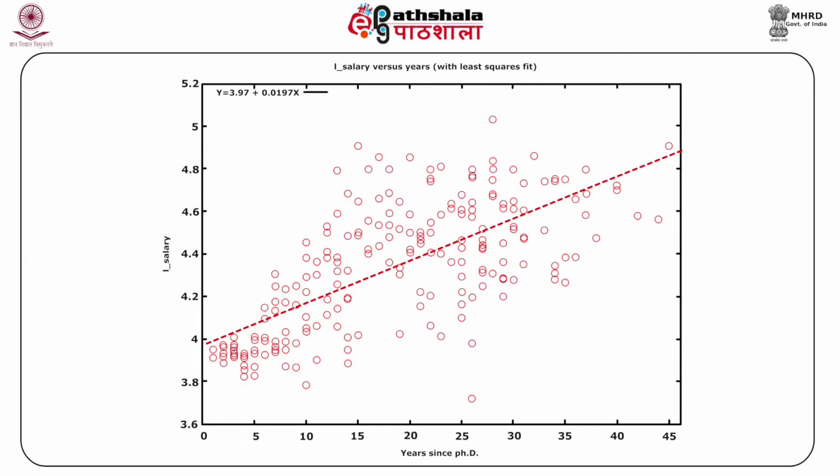It can be seen that the spread of y values around the average straight line relation is not uniform. The variance initially increases, then decreases. As Ramanathan points out, the salaries of recent PhDs are very competitive in the job market, and hence salary differentials are not expected to be high.